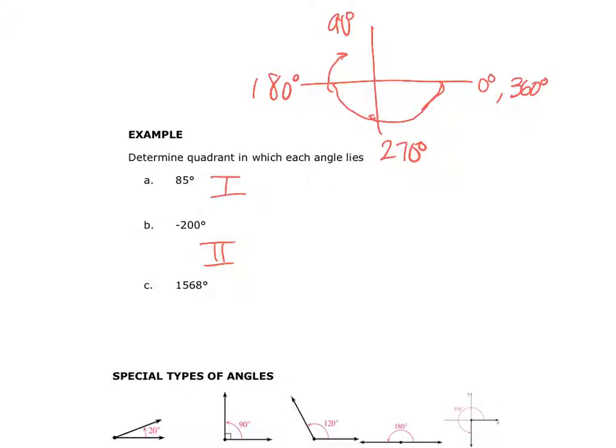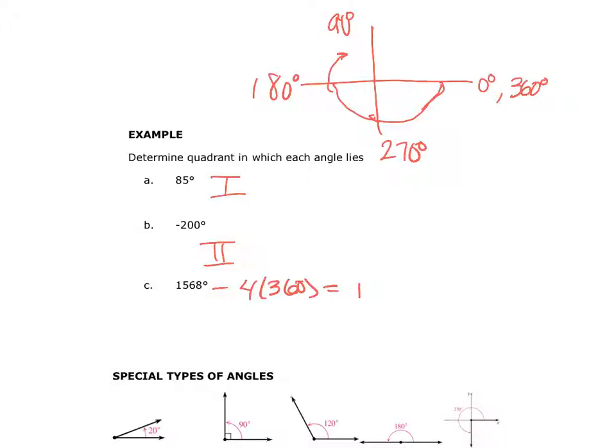You pull off a multiple of 360, then a second multiple of 360, and then a third multiple of 360. How many times do you have to pull off a multiple of 360? 4 times. So when you subtract 4 times 360, what did you end up with? 148 degrees. Do you all agree, 148 degrees?